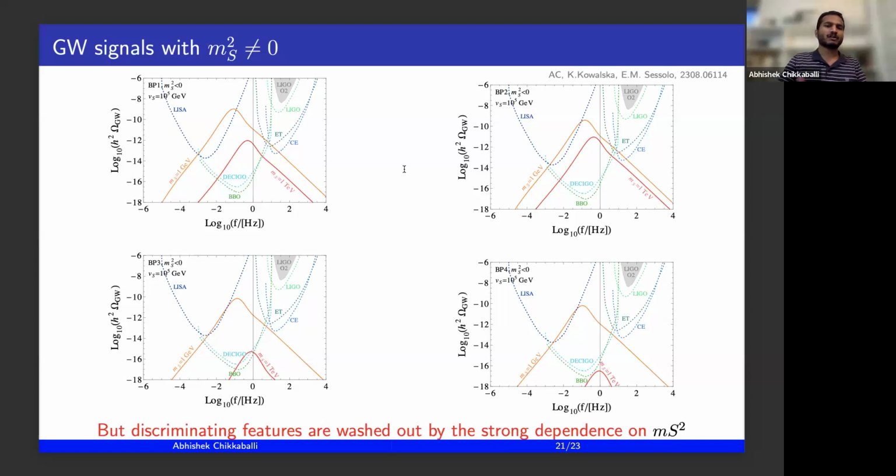And note that the mass parameter is a free parameter in our theory. If we increase this mass parameter value by a few orders of magnitude, it suppresses the signal by several orders of magnitude. So in essence, all the discriminating features are washed out due to the strong dependency on this relevant mass parameter.